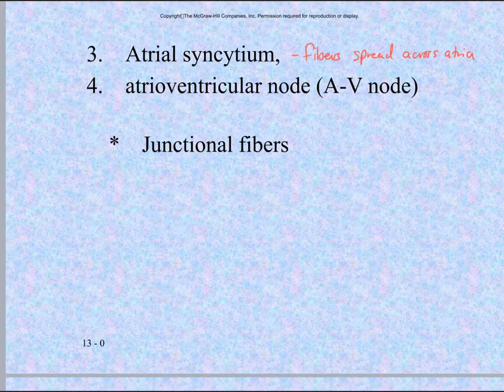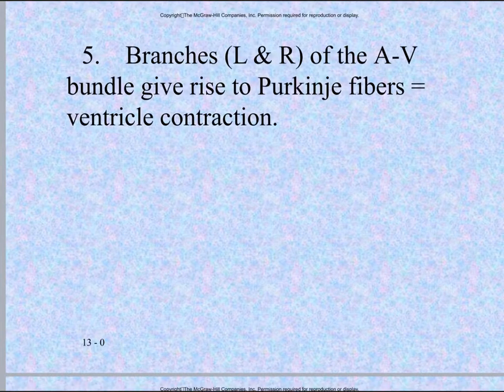As we move from the atrial syncytium, and I'll show you a picture in a moment of all these tissues and how they are found within the heart, we know that they come together at this point called the AV node, the atrioventricular node. They rejoin and they form what's called junctional fibers, to bridge that junction, if you will, between the atria and the ventricles. These junctional fibers form long strands through the septum on both the right and left side of the heart, and we call these branches, bundle branches of the atrioventricular bundle.